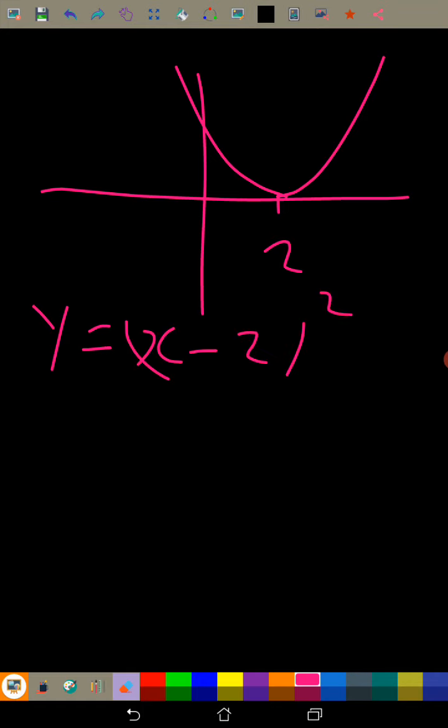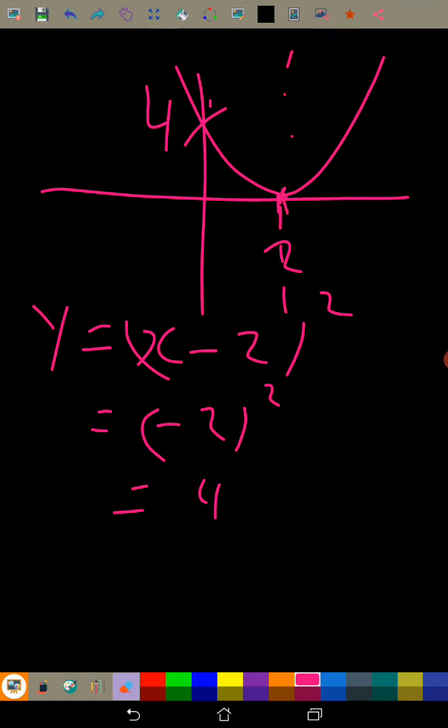So where is it going to cross the y-axis? That's when x is 0. So when x is 0, we have 4. So this is the point 4. That's what we know about this curve. And of course, if it touches here, probably it's going to be symmetrical on this line. We know that x equals minus b over 2a.